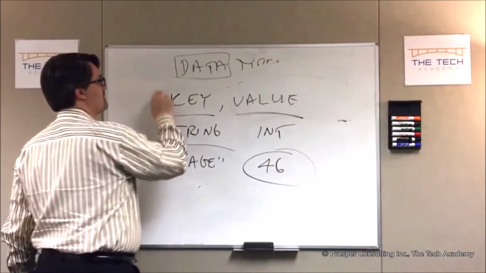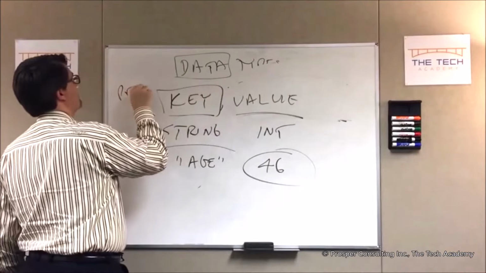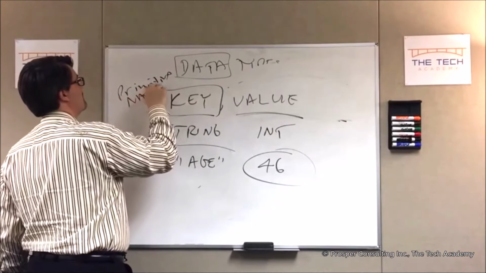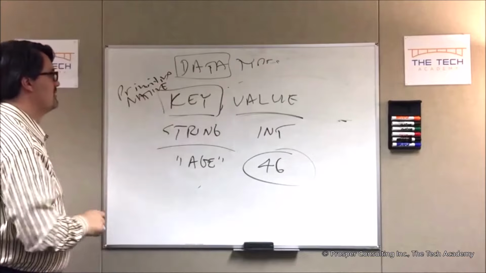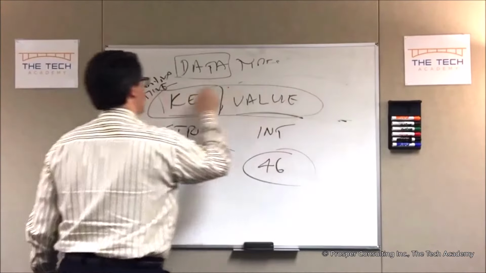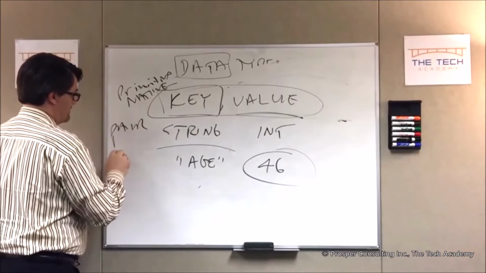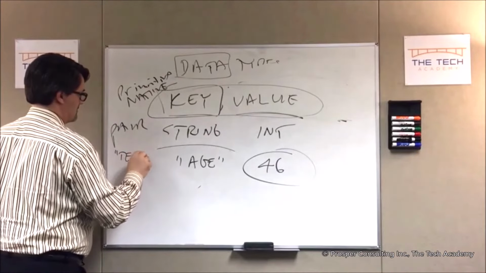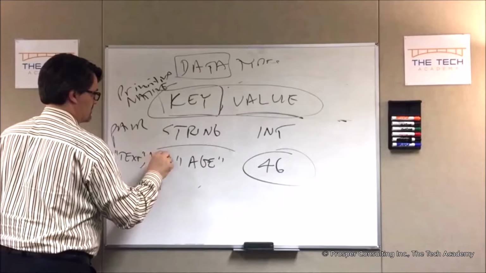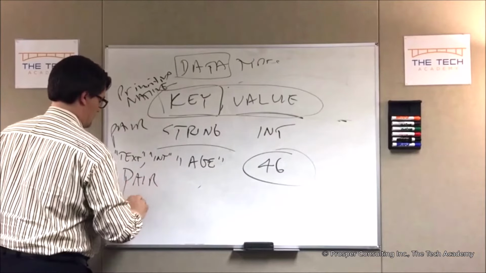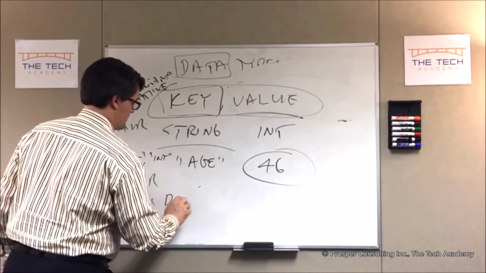You're using these primitive or native types to create another type of data, a pair, specifically a text integer pair in a dictionary.